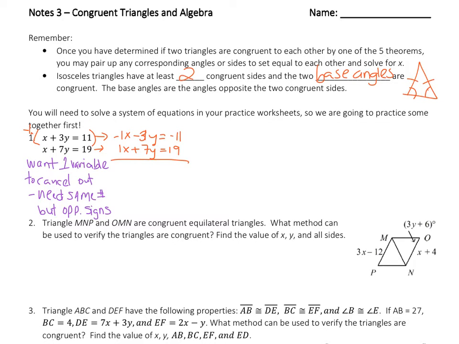So now that the x's are the same number but different signs, when I add my 2 equations together, the x's cancel, and we end up with a positive 4y equals 8.